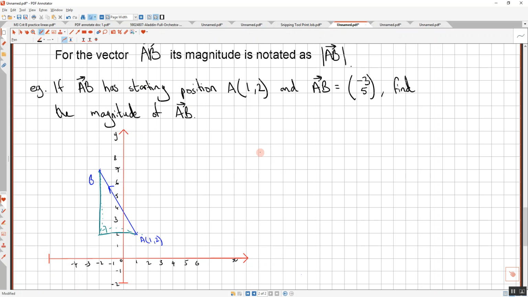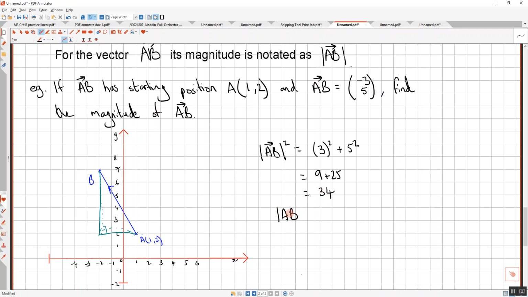The horizontal side is 3. The vertical side is 5. So it's going to be the square root of 3 squared, which is 9, plus 5 squared, which is 25. 9 plus 25 is 34. And then you find the square root of 34.